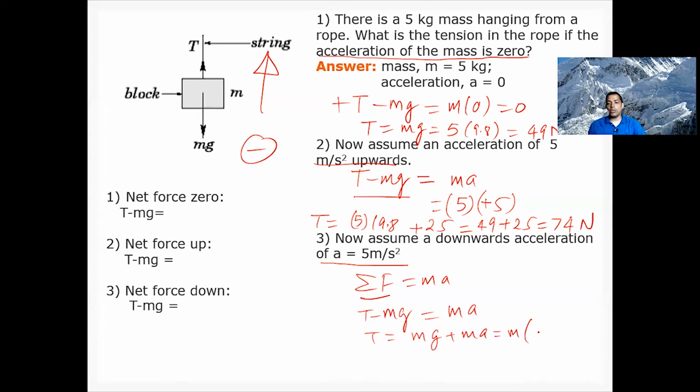You can factor out g plus a. So m is 5. What is your g? 9.8, obviously. What is your a? A is downward acceleration, -5 there. Okay, so if you do that, what do you get? 5 times... you get 24. Okay, that's what it is.